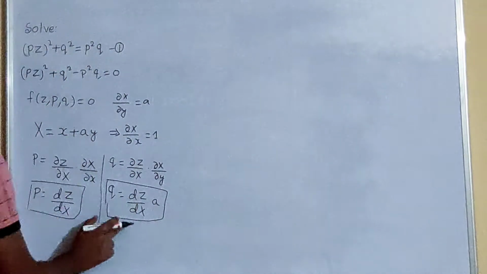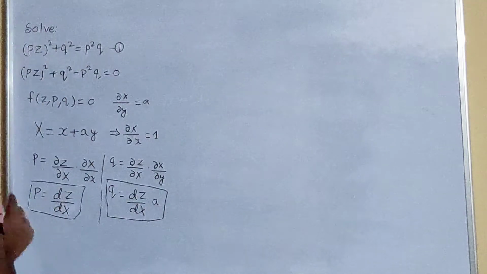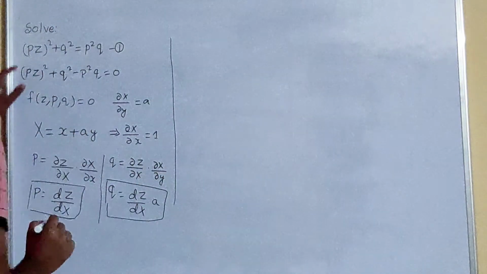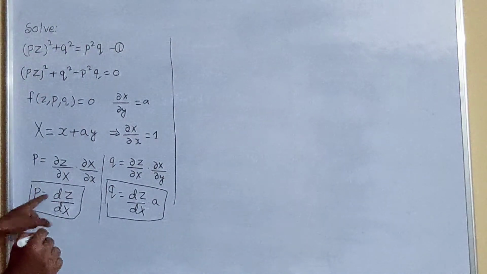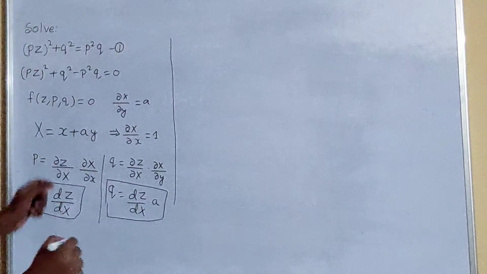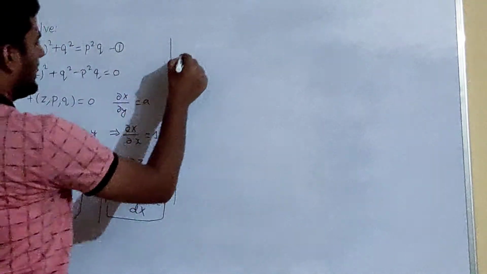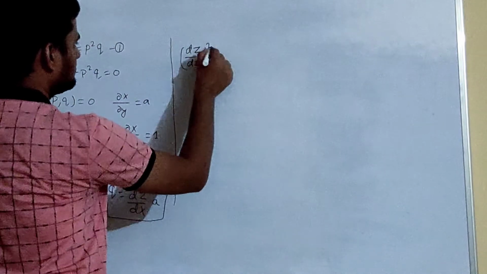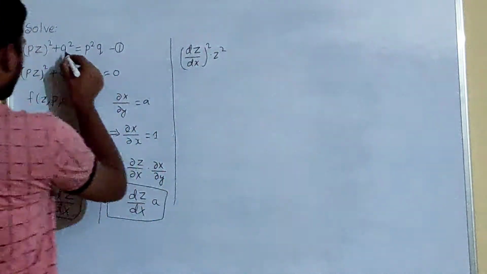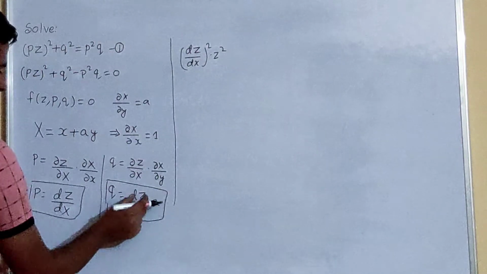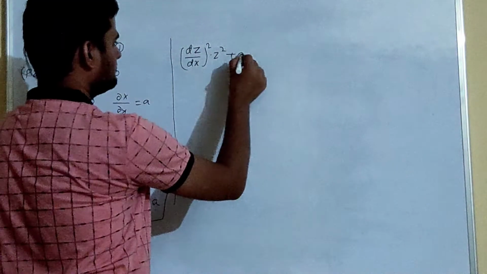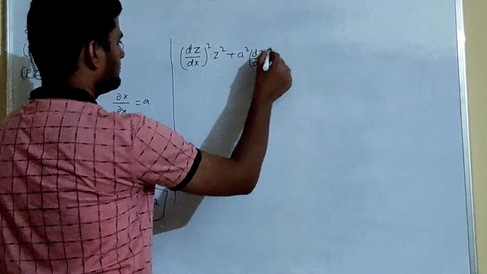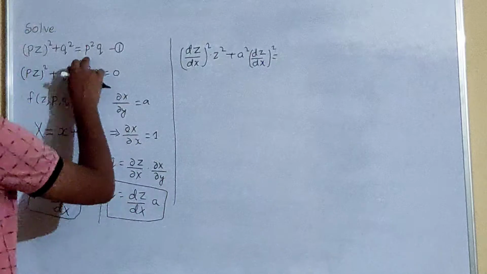So I will put the value of p and q in the first equation. (pz) whole square: so (dz by dX) whole square into z square, plus q square, that means a square (dz by dX) whole square, equals p square q.